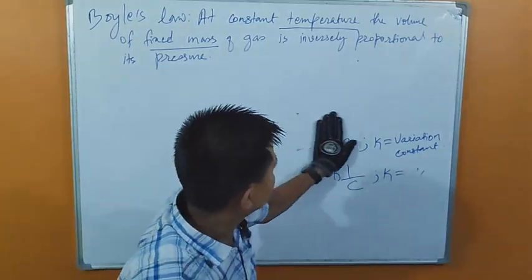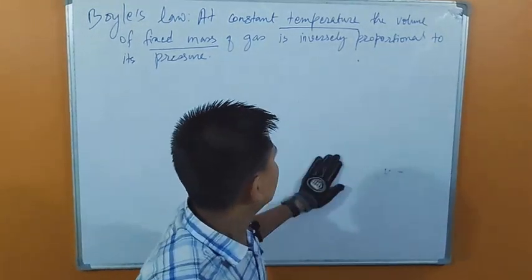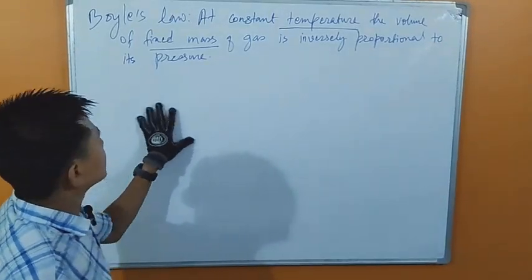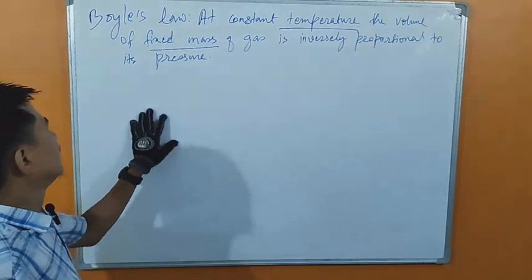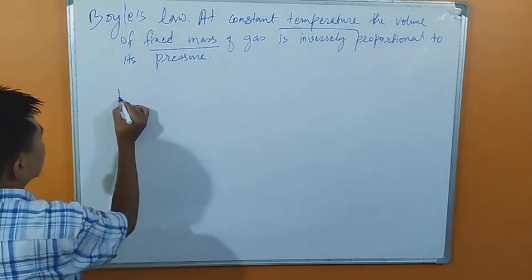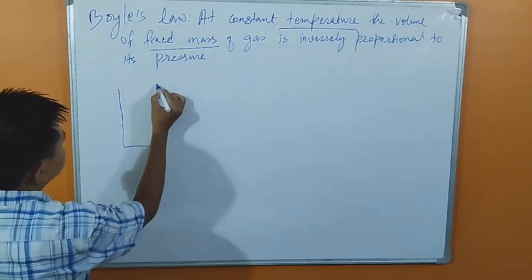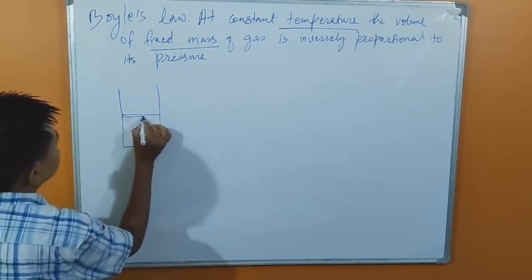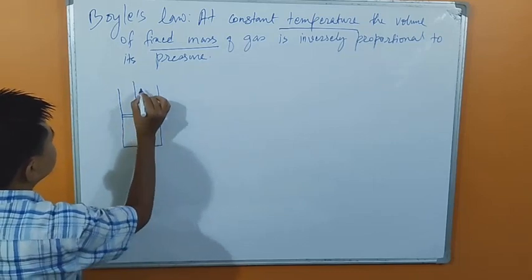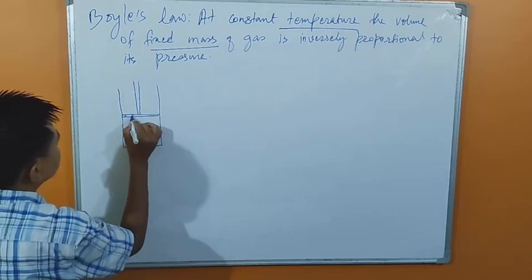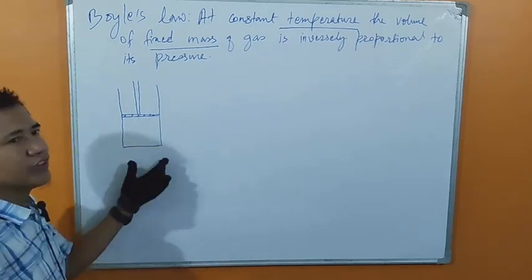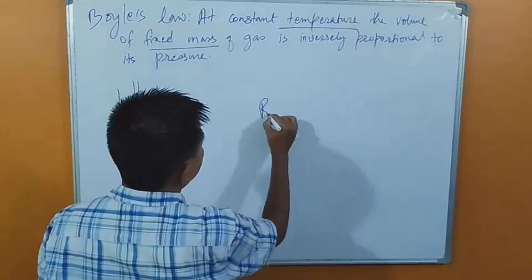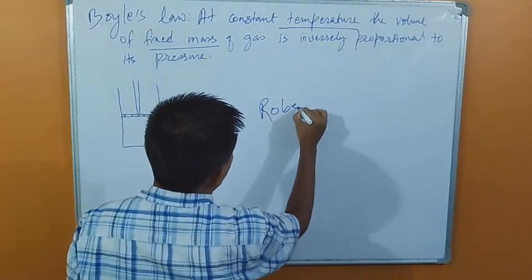Now let us move to Boyle's law, our main topic. To understand Boyle's law, let me draw a cylinder fitted with a freely movable piston. Actually, this cylinder was developed by a very famous scientist named Robert Hooke.